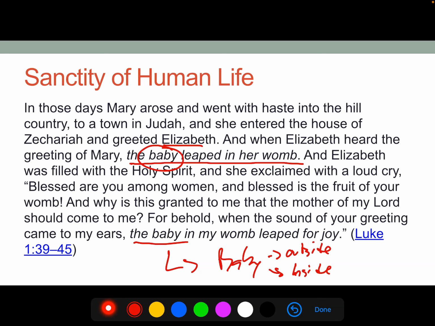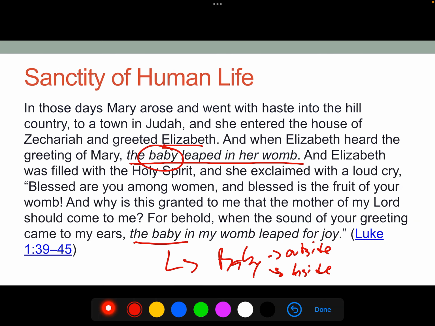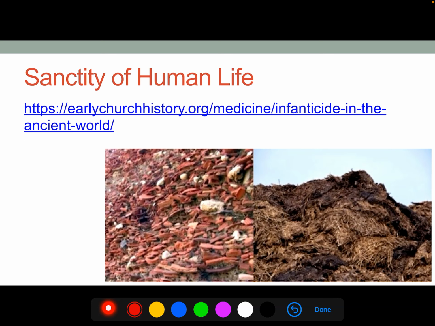And John realizes that. John leaps in her womb and is like, it's Jesus. Jesus had just come through the door. So it's a beautiful passage that first shows that John is still a baby, but also that Jesus is fully Jesus, barely forming inside of Mary.